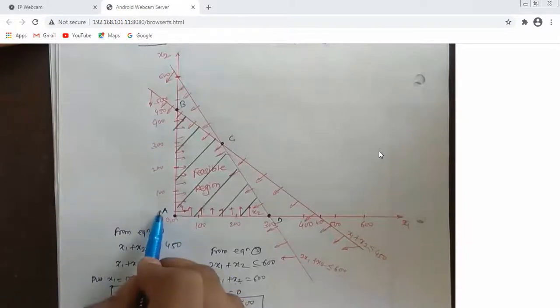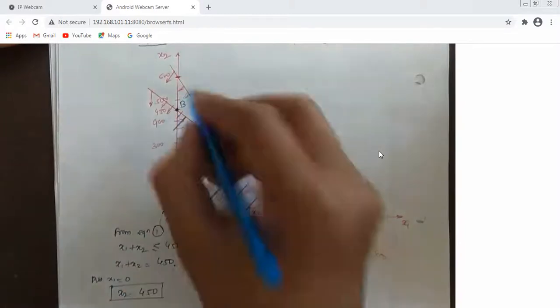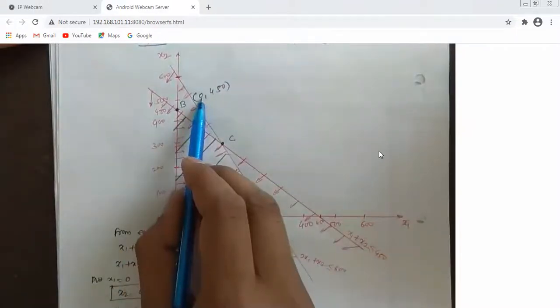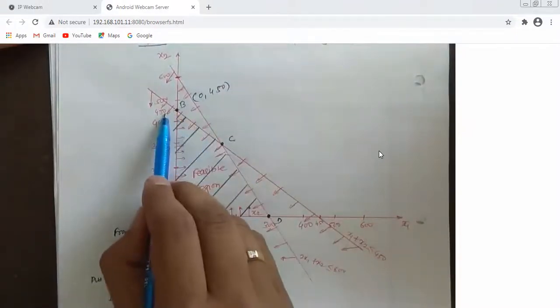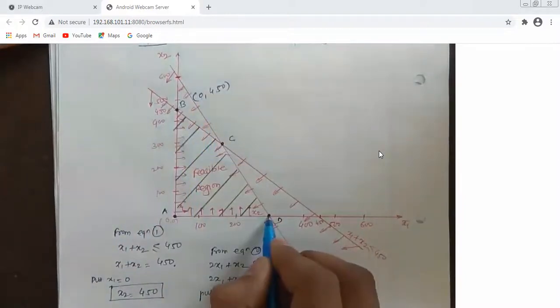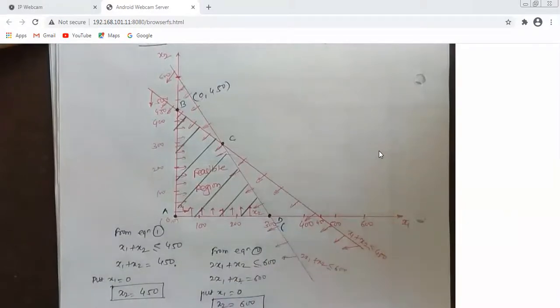So at A, the coordinates are 0, 0. At B, now what is the coordinate? That is 0, 450, because x1 is 0 at this location and x2 is 450. That's why I have written 0, 450. At point D, what are the coordinates? Tell me.